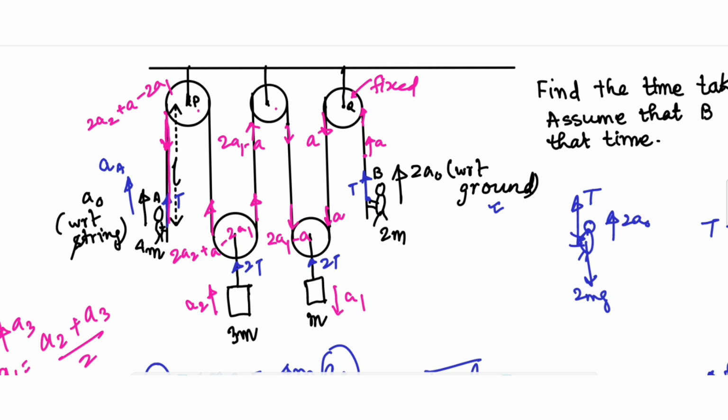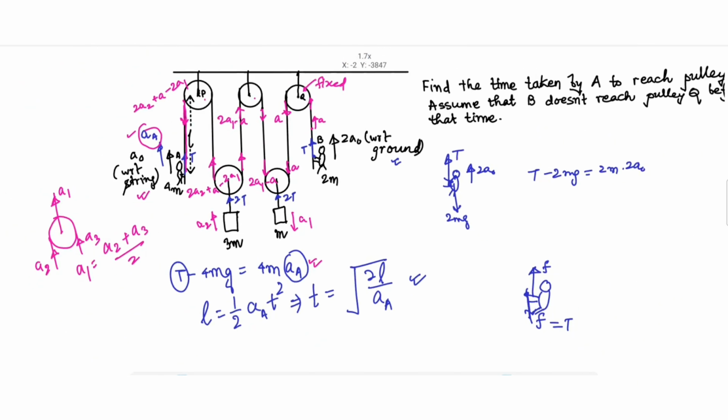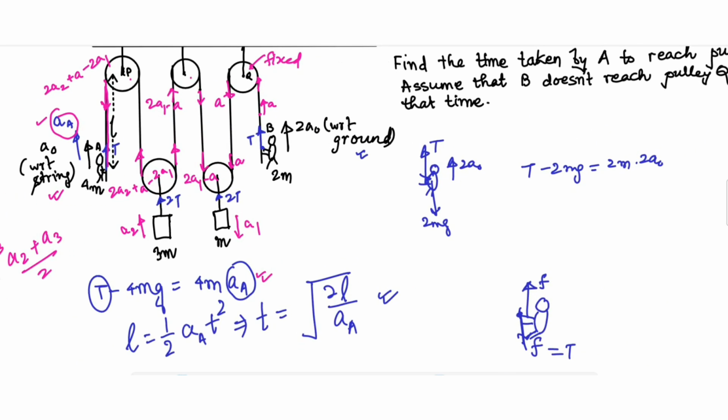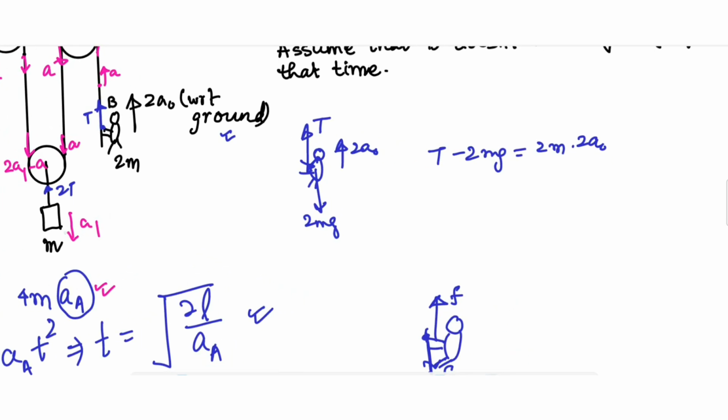We know the relative acceleration of the monkey, so we can find the value of A subscript A. But I have told that in this question we can find it directly only, as the question was framed in a much simpler way. And if we wish to calculate A1 and A2, then we can also do that pretty easily. Write the equation from the free body diagram of this system.